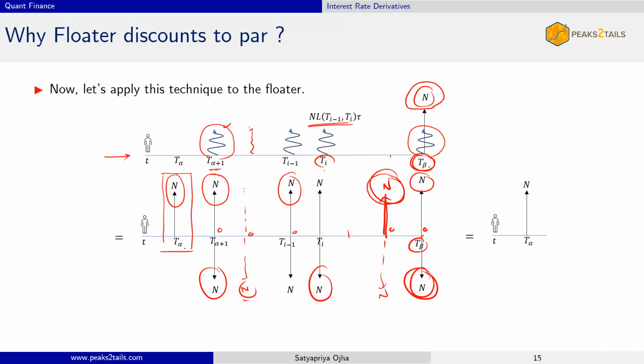So the whole thing reduces to a very simple diagram, this one. And you're standing here. The first reset date is T alpha. The entire floater discounts to N, or the present value is N at the first reset date.